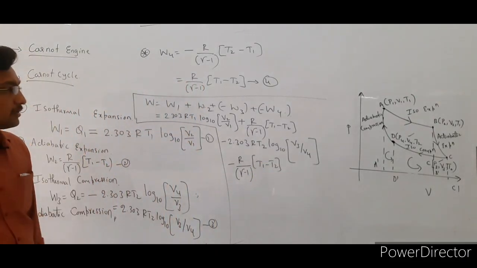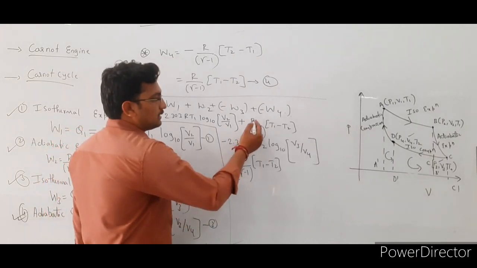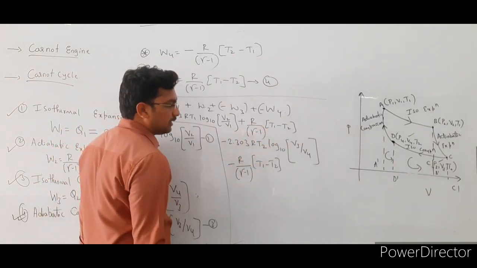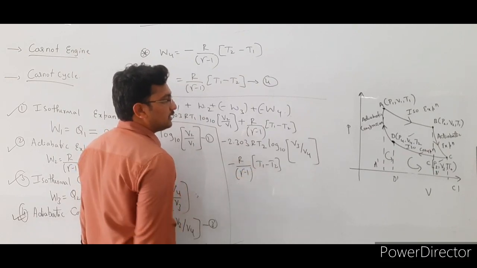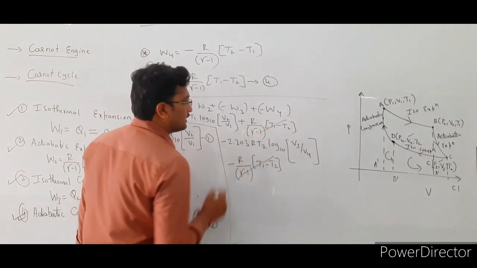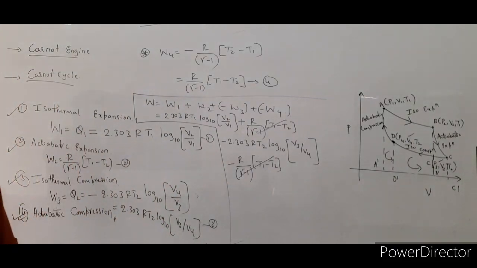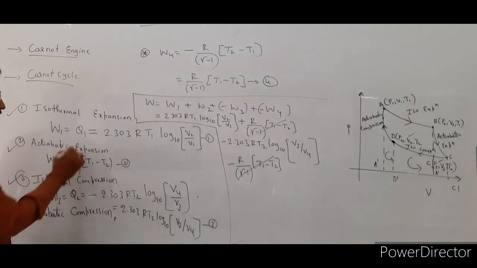Okay, see here. So in this case, this is plus R divided by gamma minus 1 T1 minus T2, and this is minus R divided by gamma minus 1 T1 minus T2. Both get cancelled.